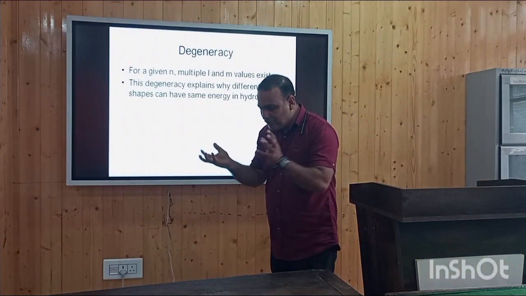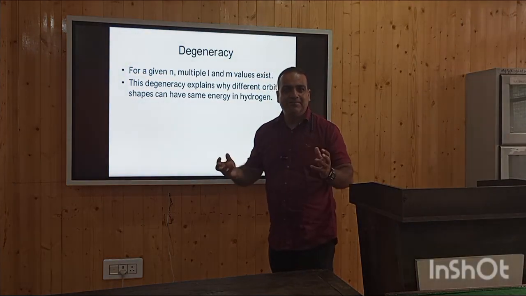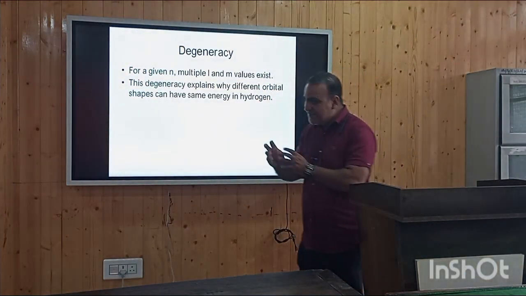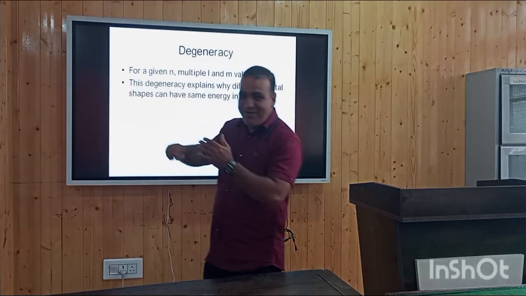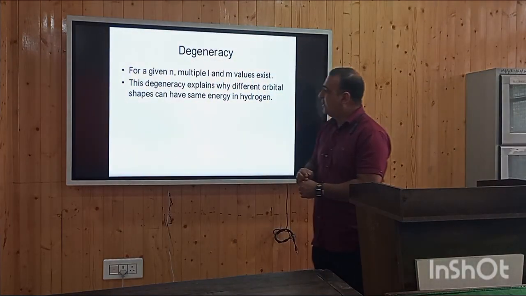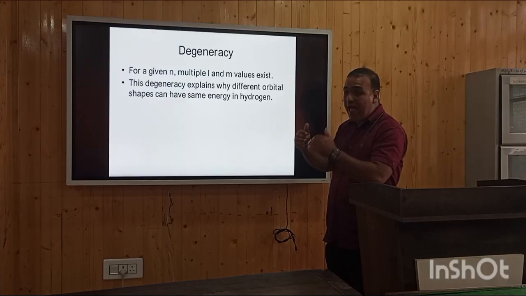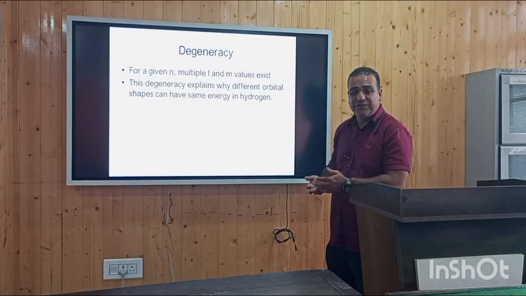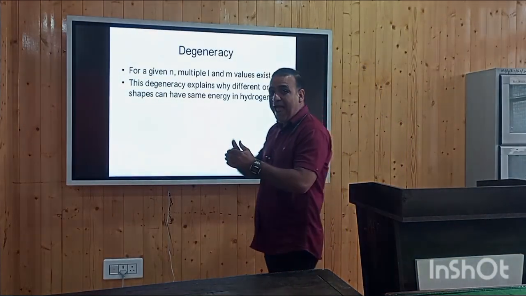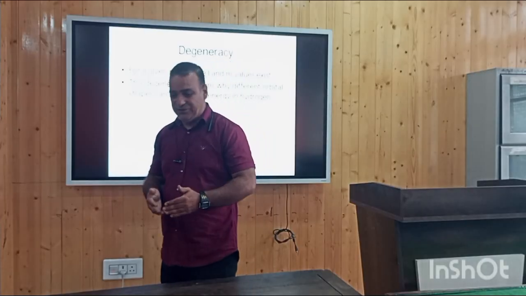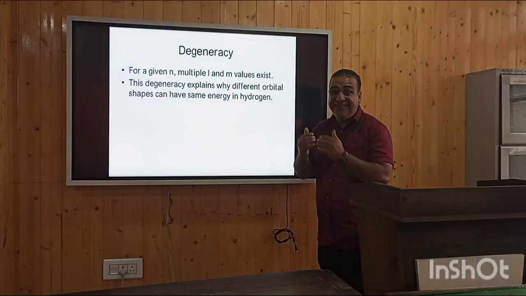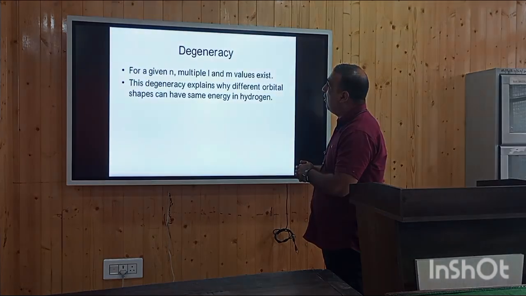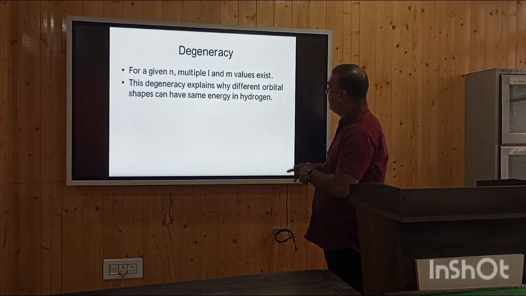You have different orbitals, s, p, d, f, and within an orbital, taking the example of the p orbital, px, py, and pz happen to have different orientations in space, but they have the same energy. Having the same energy tells us about the degeneracy of these energy states.